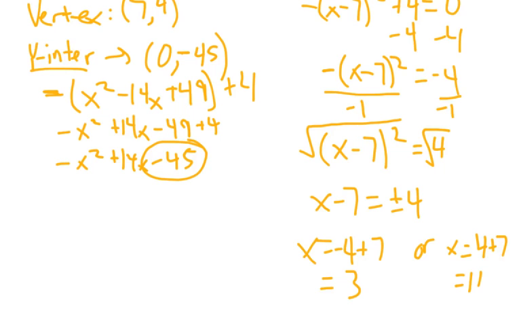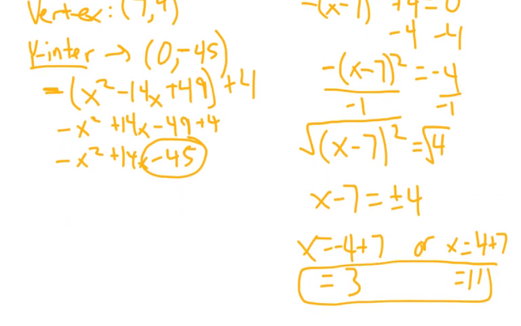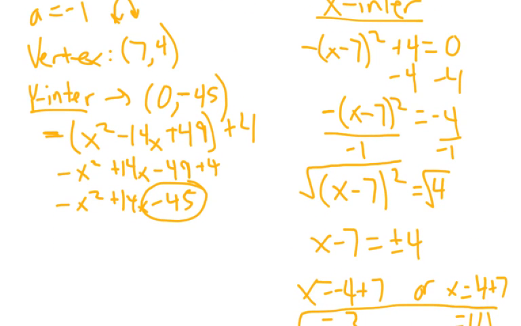And so now we have some x-intercepts. So we are good to go there. So that's how we find all this information from vertex form. You can extract the vertex easily. You have to do a lot of work to find the y-intercept, and then to find the x-intercepts, you solve and set equal to 0.